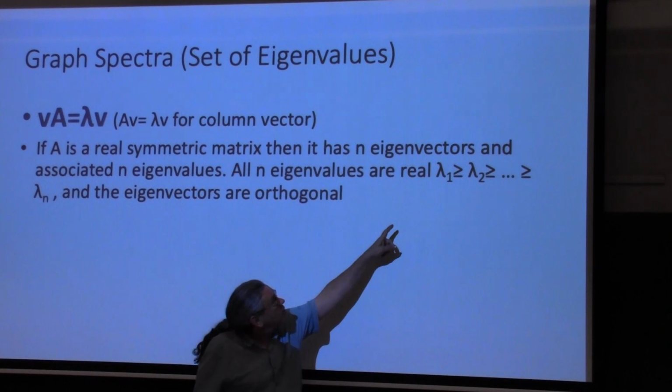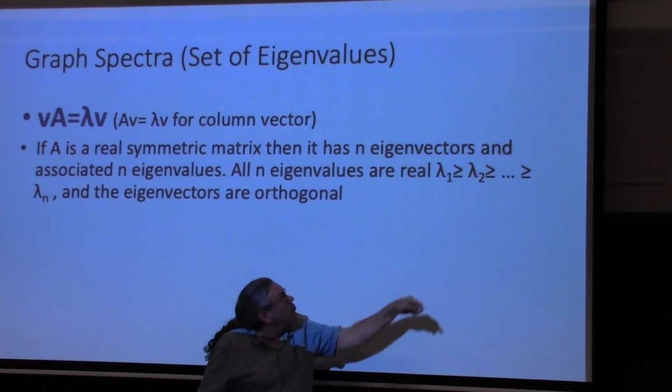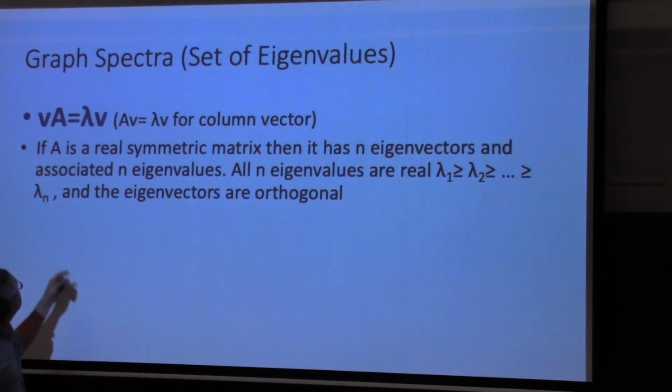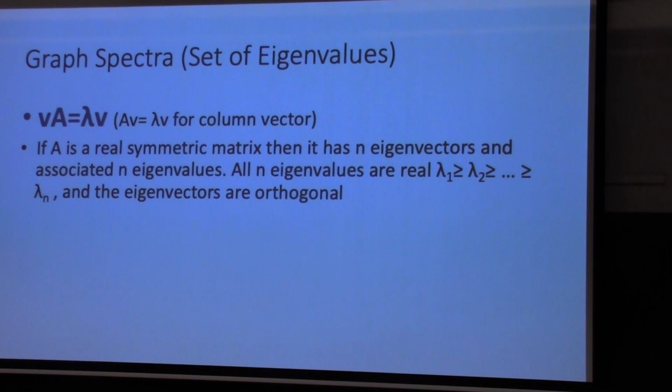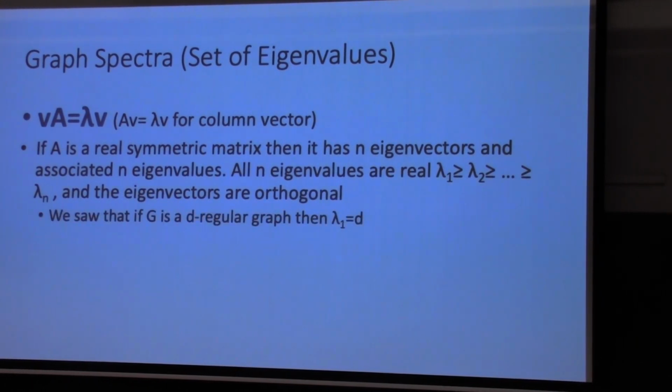All the eigenvalues are real numbers, and you can order them, lambda 1, lambda 2, up to lambda n. That's something you can show. And the eigenvectors are orthogonal to each other. And if G is a d-regular graph, then lambda 1 is equal to d. Somehow, the degree of the graph is connected to the eigenvalue.